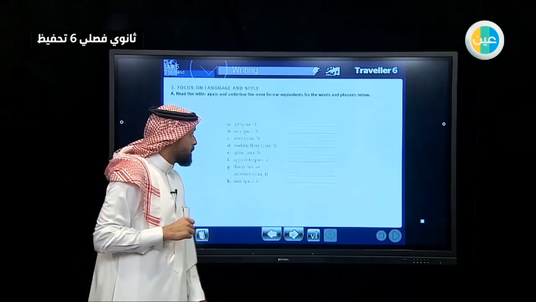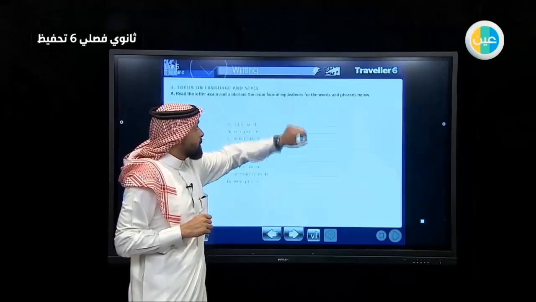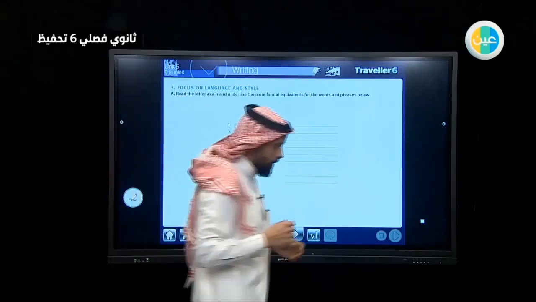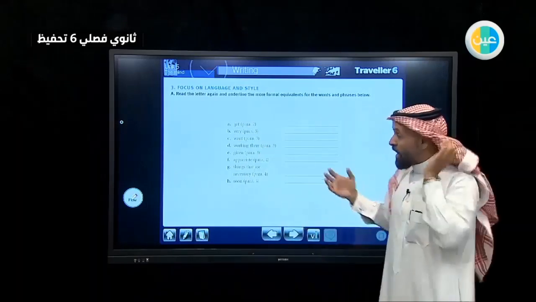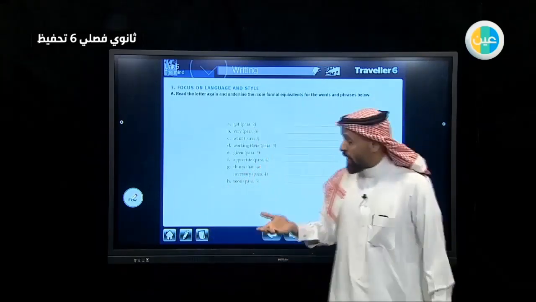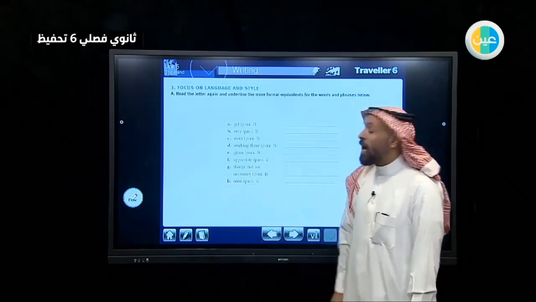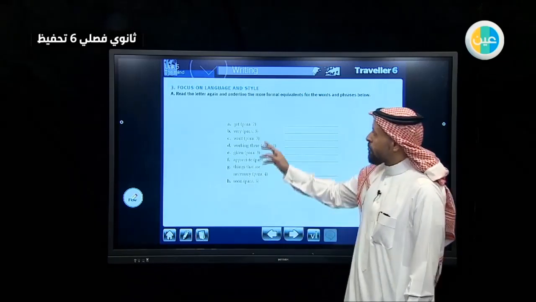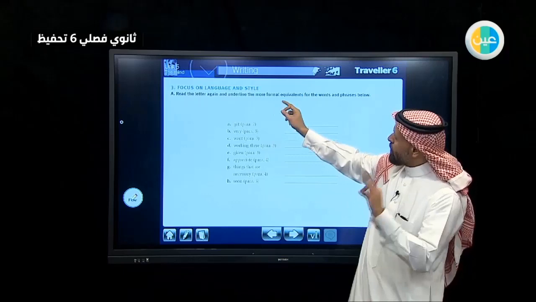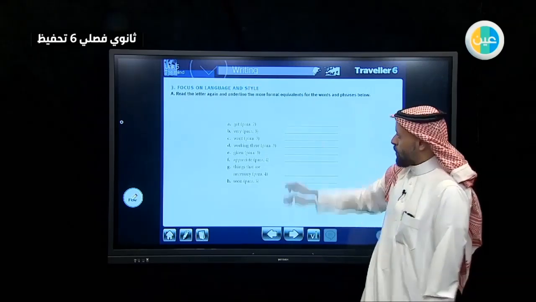Next page, please. Now, on the next page, we are focusing on language and style. This is a chance to know, memorize and use more new words. Now read the letter again and underline the more formal equivalent for the words and phrases below.